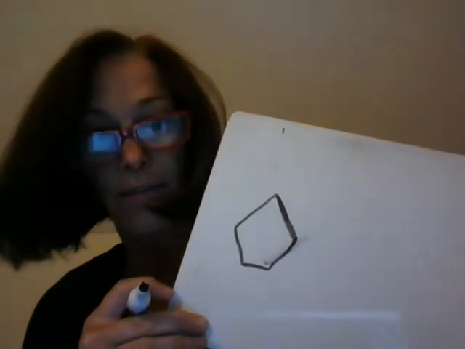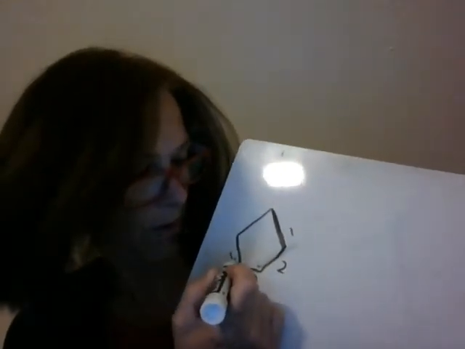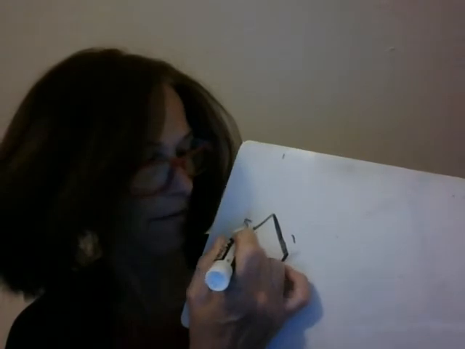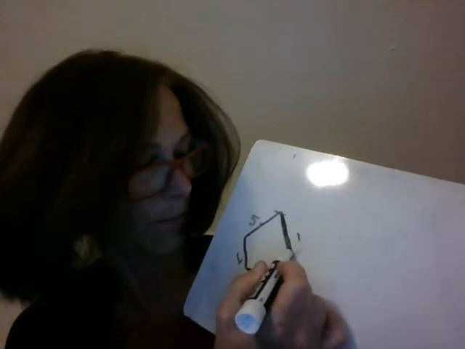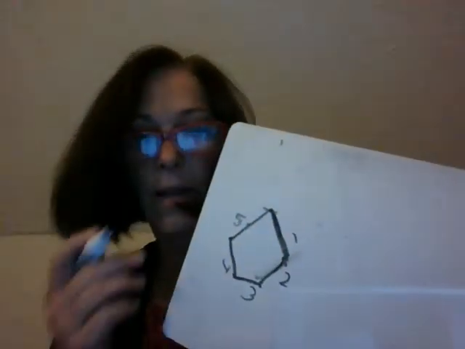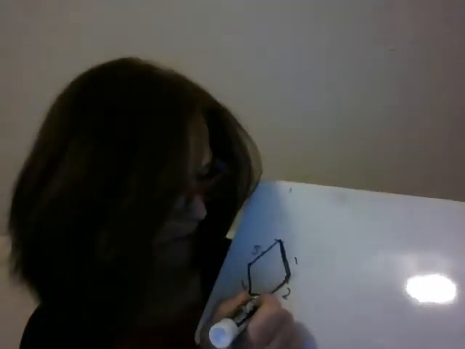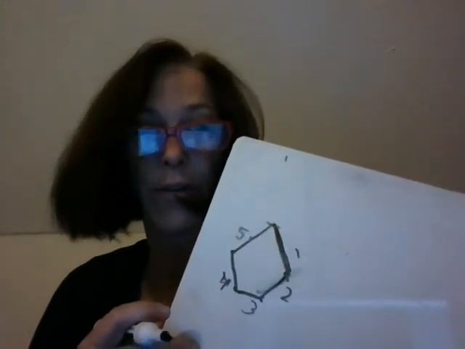It's got 5 sides, 5 vertices. 1, 2, 3, 4, 5 and 5 corners. 1, 2, 3, 4, and 5. So that is a pentagon. It's 5 sides. Oh, that doesn't look like a very good 5, does it? 5 sides, 5 corners. Okay? Beautiful. And there's one more.